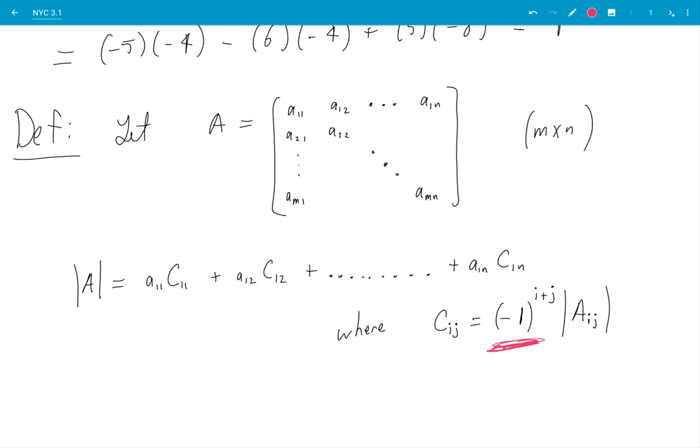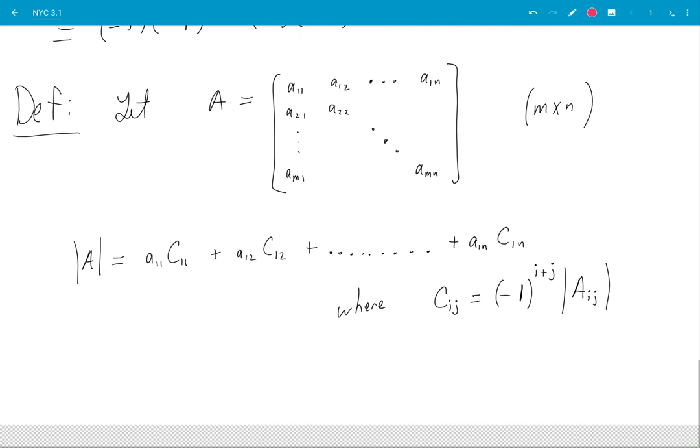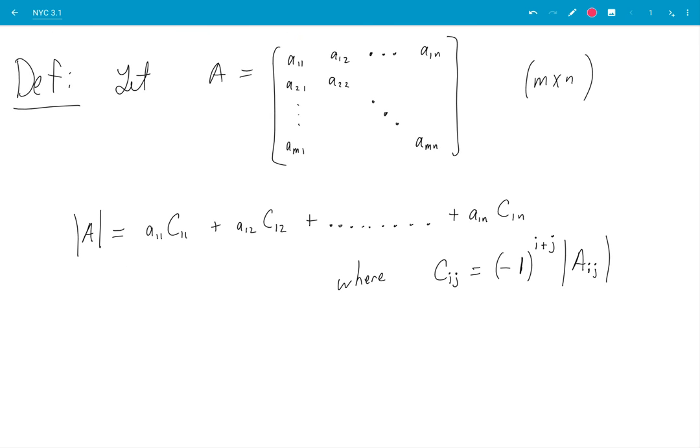That is done with this factor here. And then you have the determinant multiplying. So if you think about it, this is where we get this diagram from.